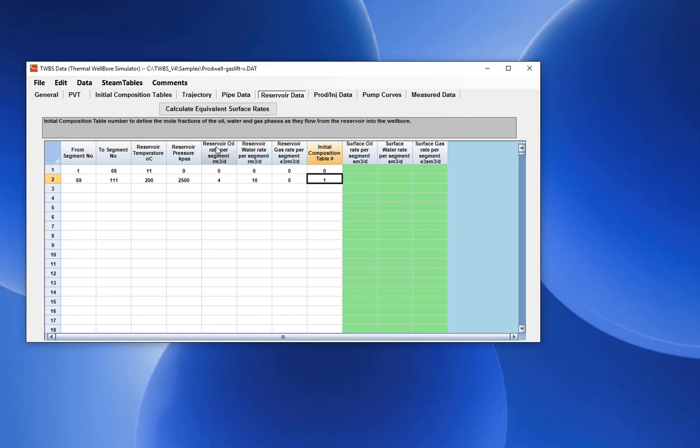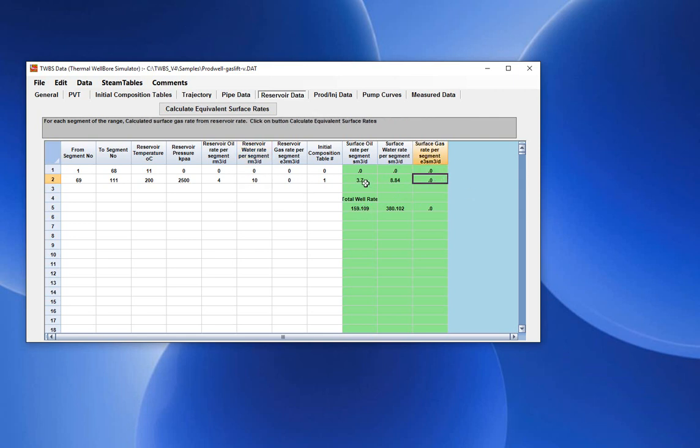Now these are reservoir oil rates and not surface rates, so reservoir conditions. If we use this button here to calculate equivalent reservoir rates, it would calculate for us the equivalent reservoir rate of the surface oil rate, the water rate, and the gas rate.